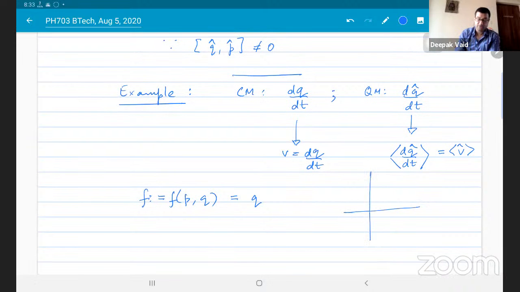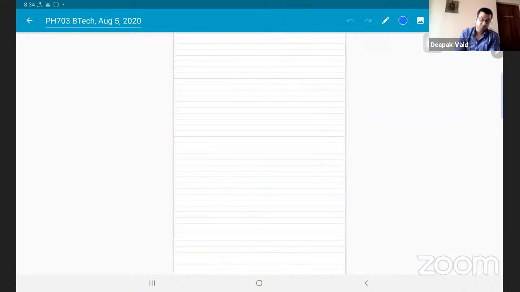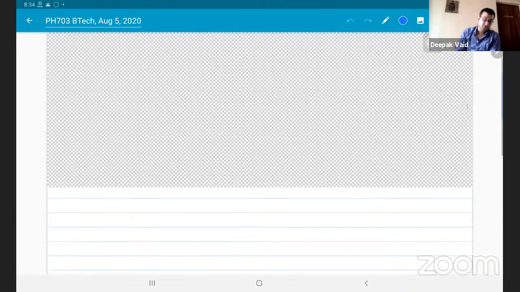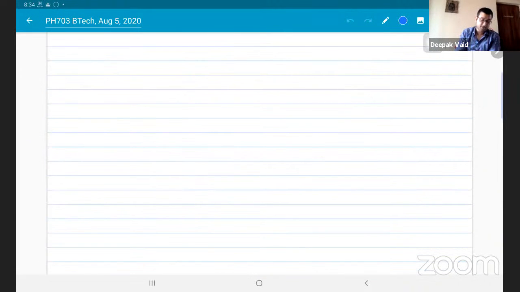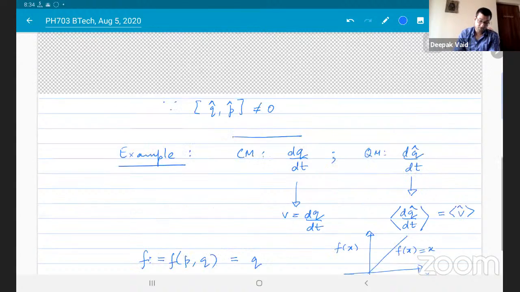So for example, if I have x and f of x, then f of x can also equal x. That's also a function of x, a sort of trivial kind of function. So I can insert this into my Poisson bracket.